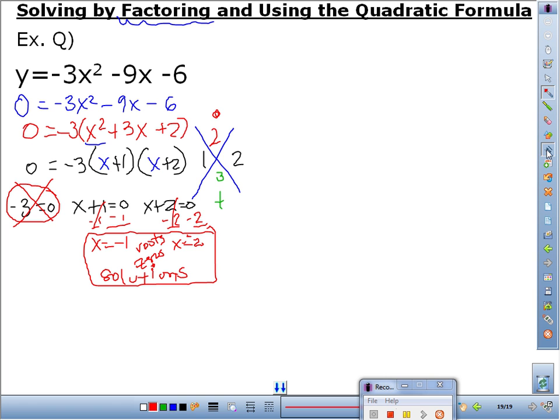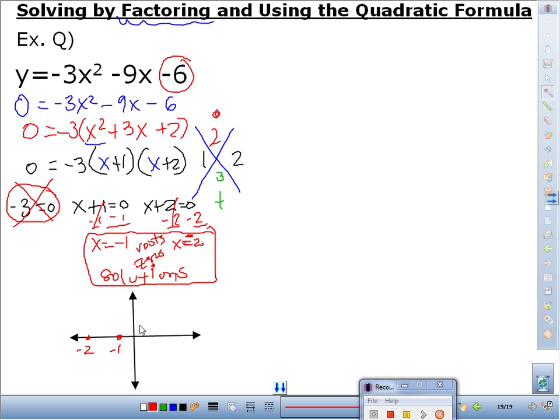Let's graph it. I'm going to graph it down here. Okay, our roots, let's see, negative 1 goes here. The other one is negative 2, which is right here. Is that correct?